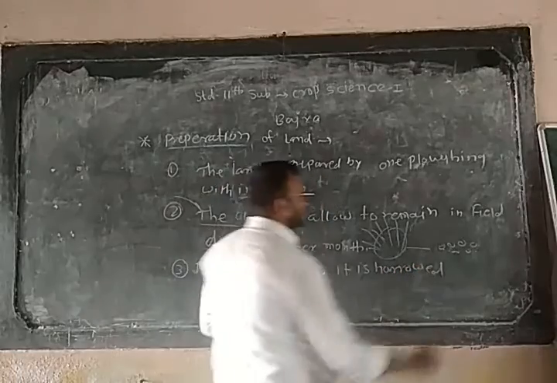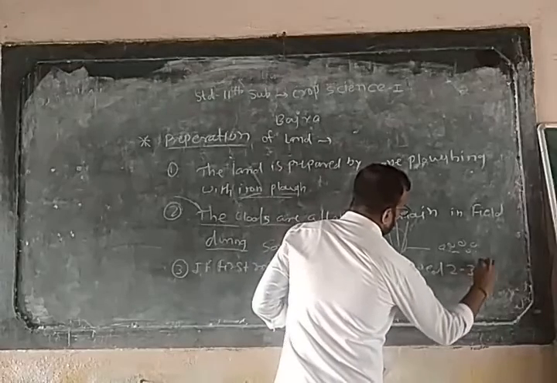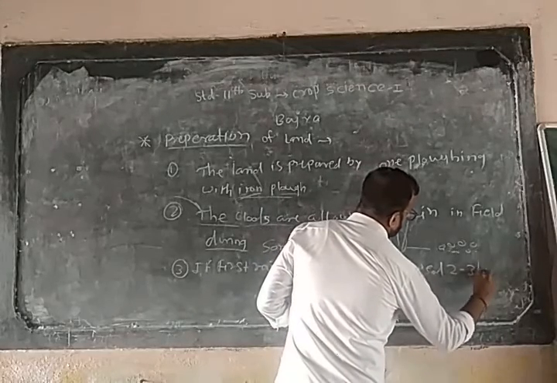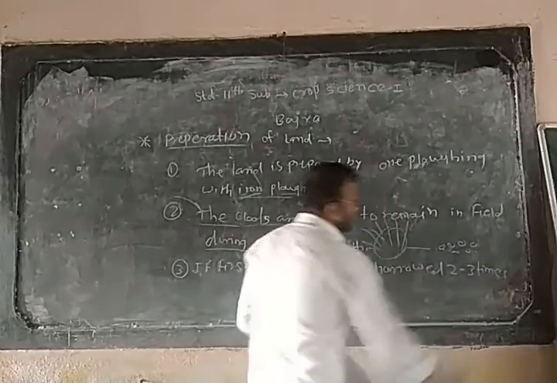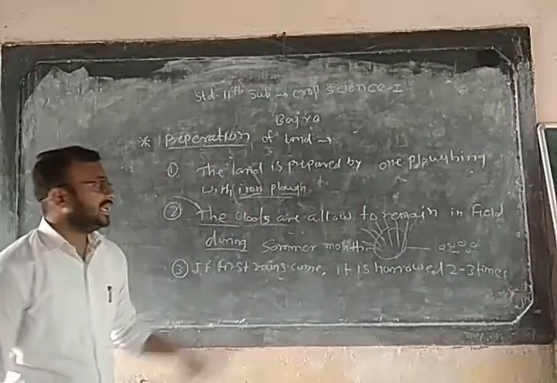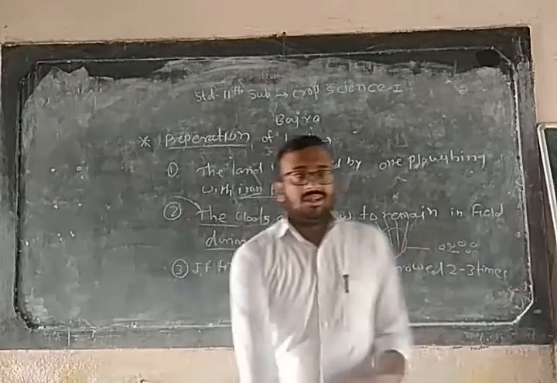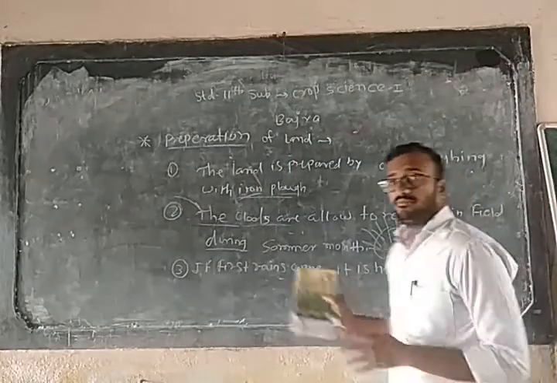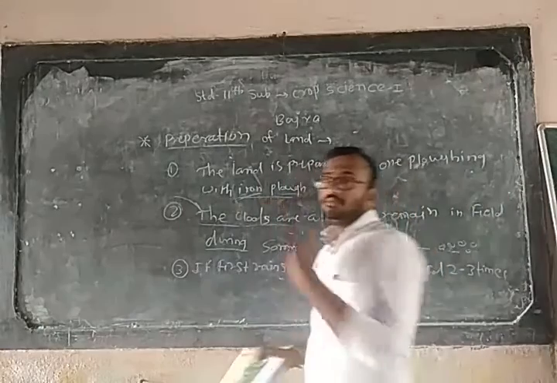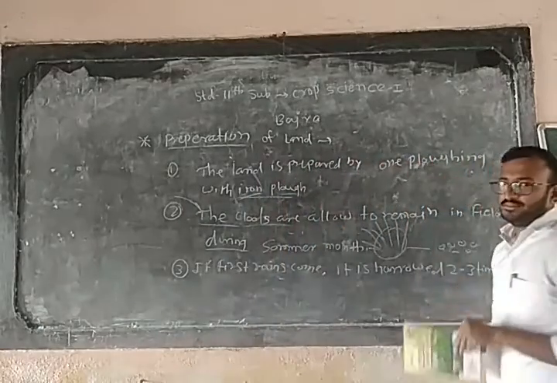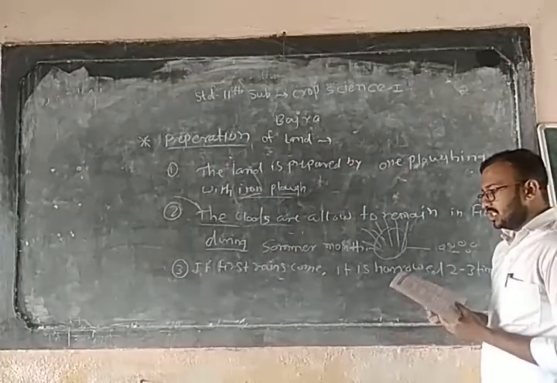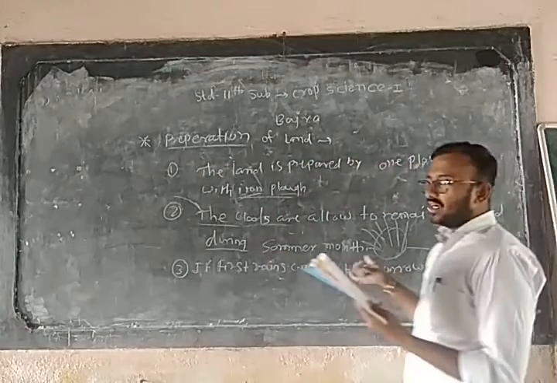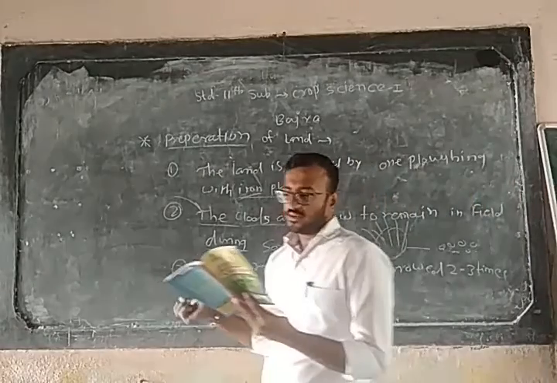Harrowed 2 to 3 times. What is the requirement for 2 to 3 times? Because the land becomes very fine for the preparation of sowing purpose. So we will take 1 to 2 harrowings or 2 to 3 harrowings in the field.